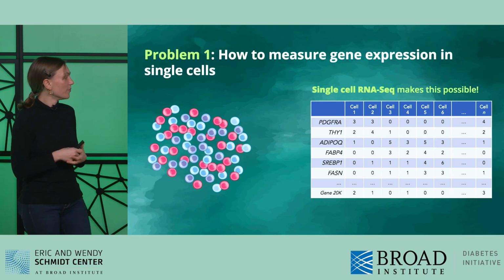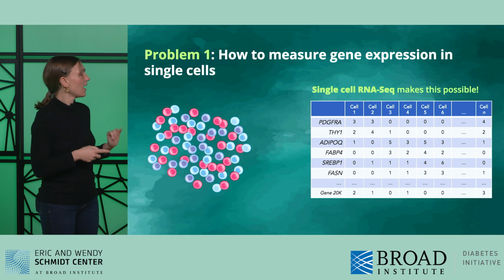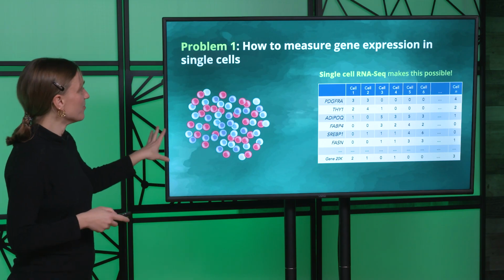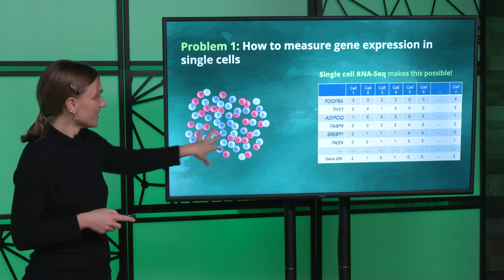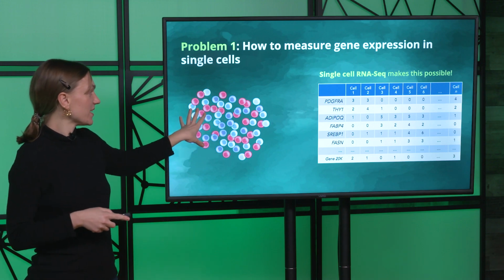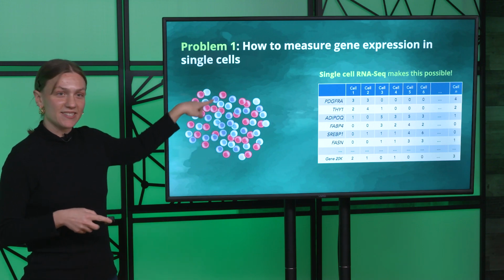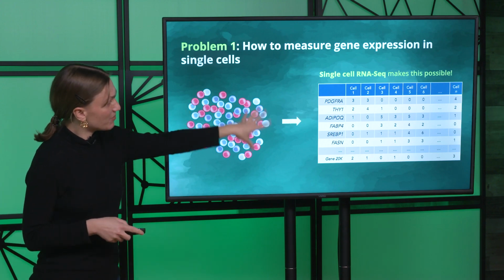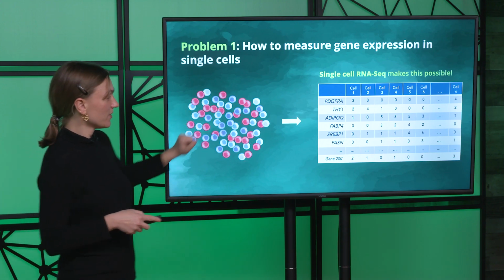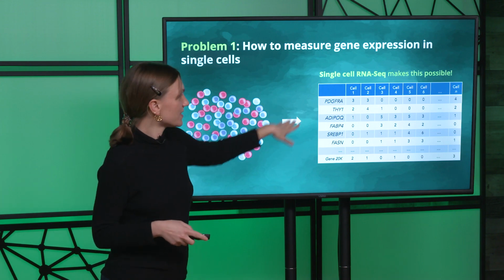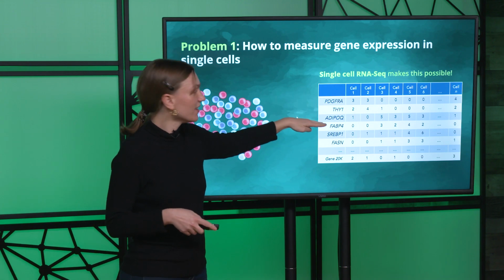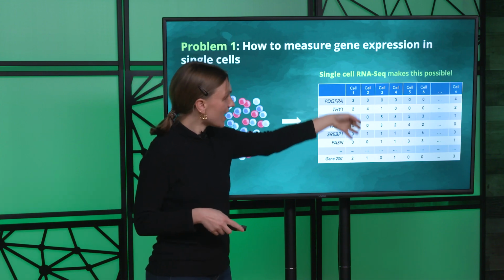Simply put, what happens with single-cell RNA sequencing is that you start with a population of cells of interest, and from these you can measure in every single cell the activity level of every single gene. The output that you get is a matrix where every row is a different gene and every column is a different cell.